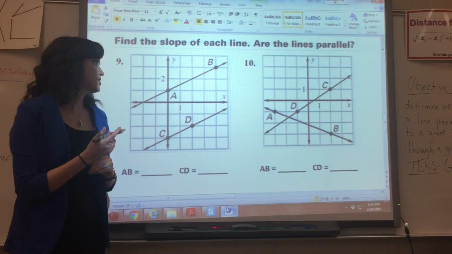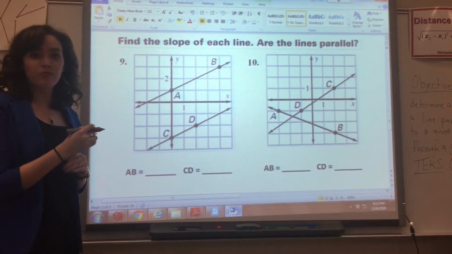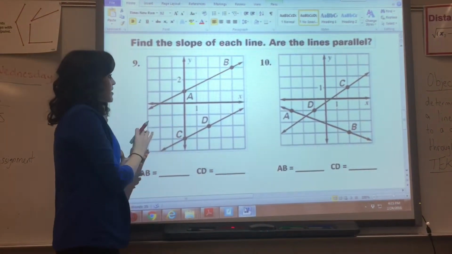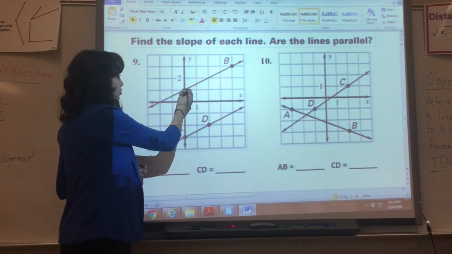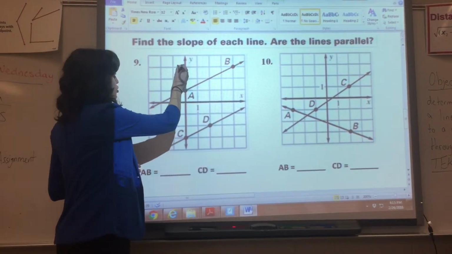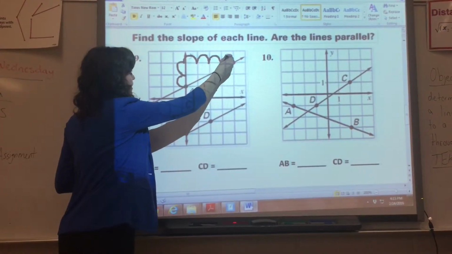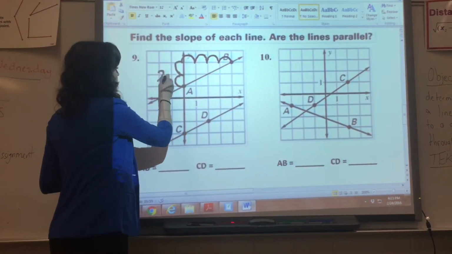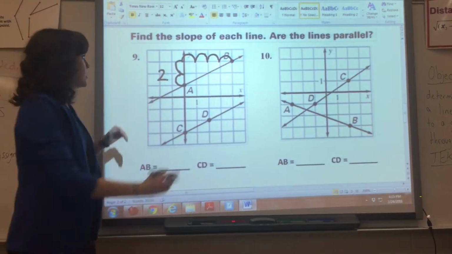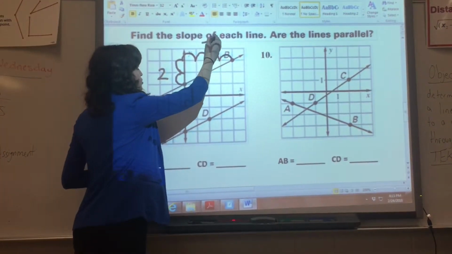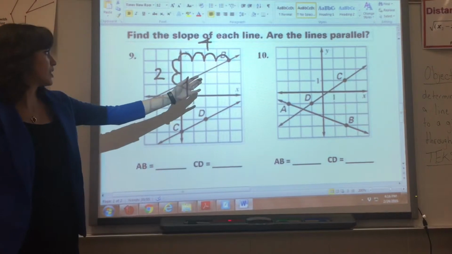Now we're going to go over some graphs and compare these lines to see whether they're parallel or not. So using our slope formula, we're going to do the rise over run. We start at one point, we go up 2, and we run 1, 2, 3, 4. So up 2, which is positive, and you're running 4, which is also positive because you're going to the right.